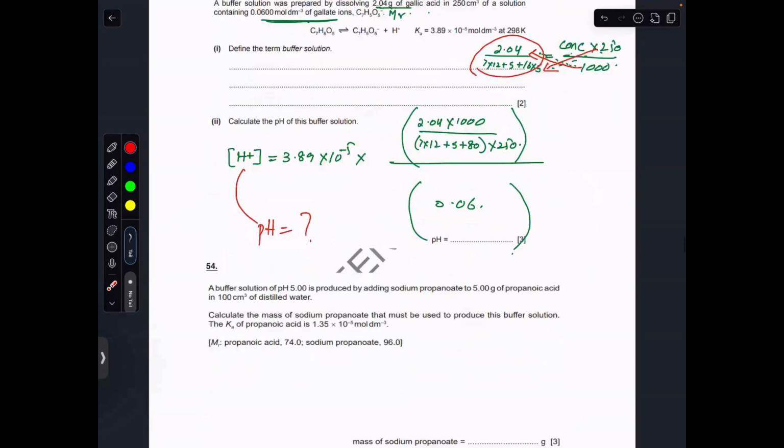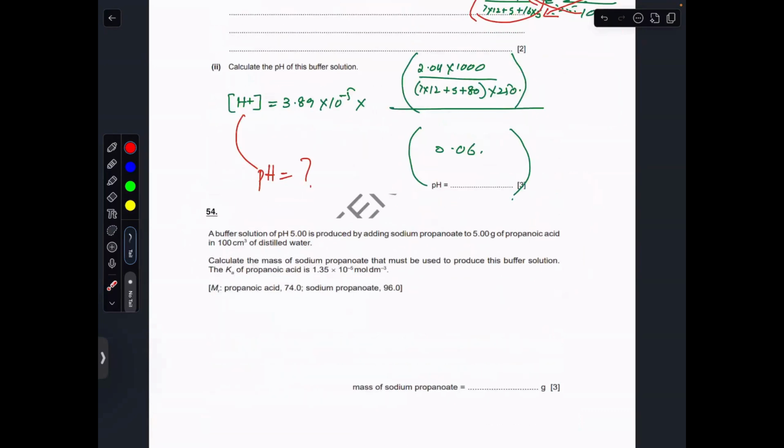In this question, look. A buffer is prepared with a pH of 5 from sodium propanoate in 100 centimeter cube of water. Calculate the mass of sodium propanoate that must be used to produce this buffer. So what are they doing? Is it the same 100 centimeter cube of water?